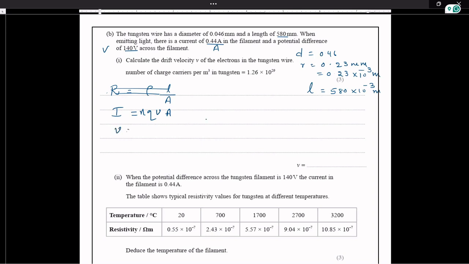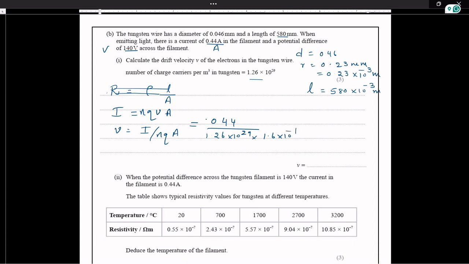Therefore, the drift velocity is I over nqA. And we can calculate it. There is a current of 0.44, so 0.44 over the number charge density, which is given as 1.26 times 10 to the power of 29, times the charge of the electron.